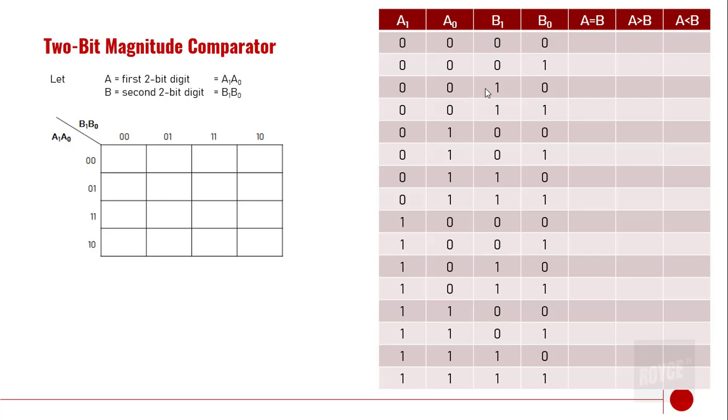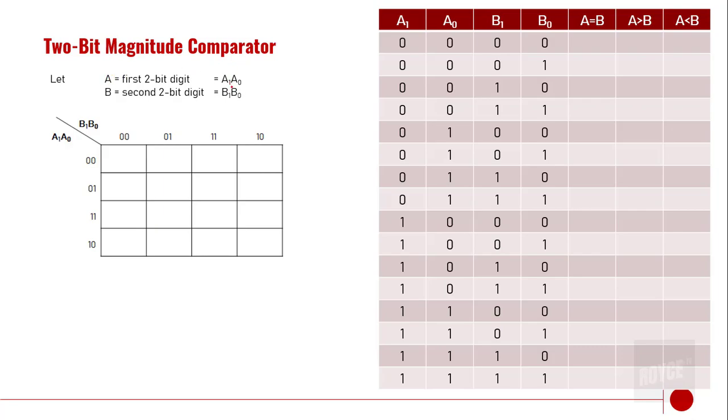2-bit magnitude comparator. So, we have A. I-compare natin 2 bits, di ba? So, yung A natin, this is the first number. It has 2 bits.